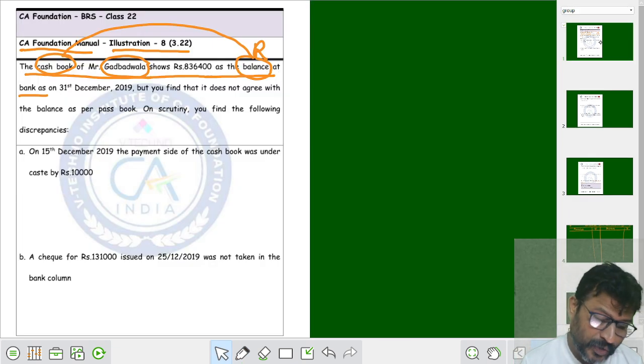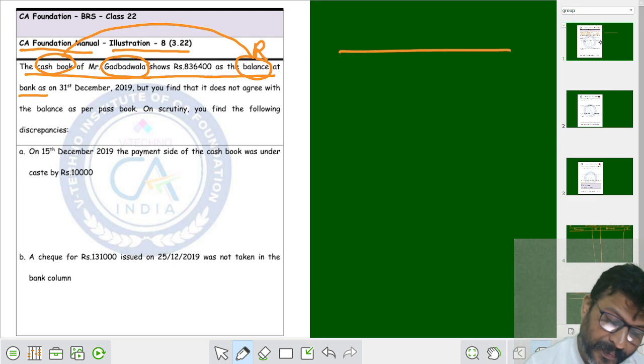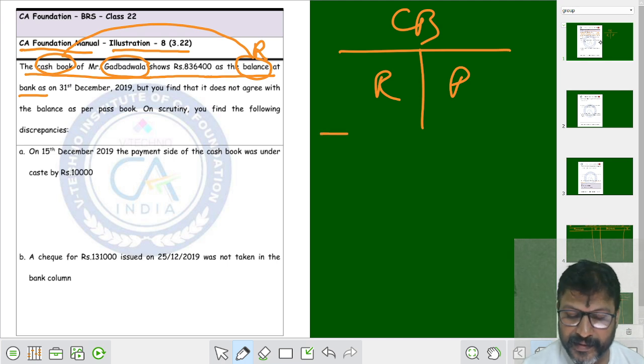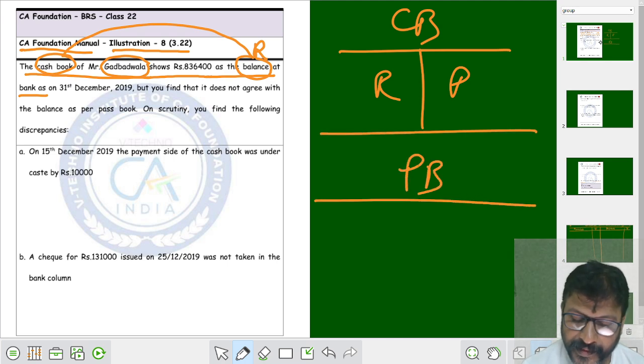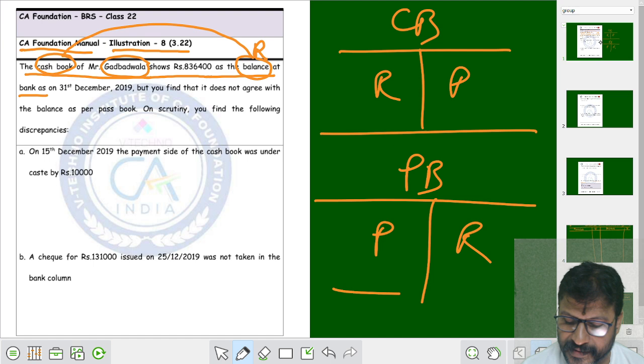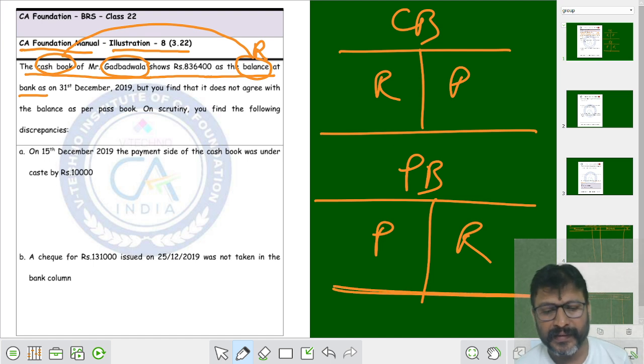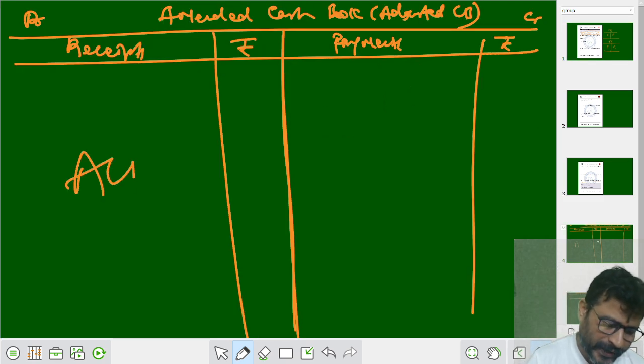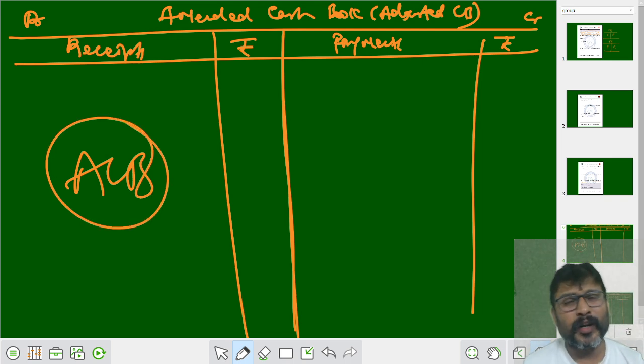See, the cash book showed a balance. Now, you know very well, in the cash book, debit is receipt, credit is payment. Here, in the passbook, debit is payment, credit is receipt. See, my dear kids, when you are doing a problem with ACB, what entries are to be recorded in ACB?